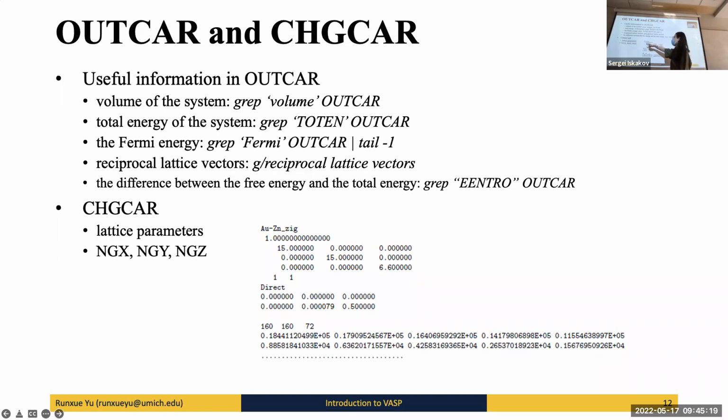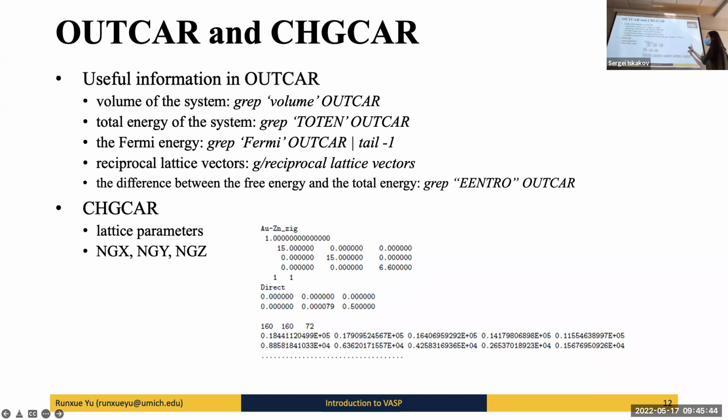And for the reciprocal lattice vectors, you have to use vi and search in vi mode for reciprocal lattice vectors. And also the difference between the free energy and the total energy, which is T times S, you can grep energy entropy in the OUTCAR.